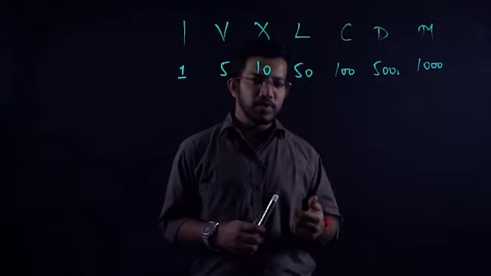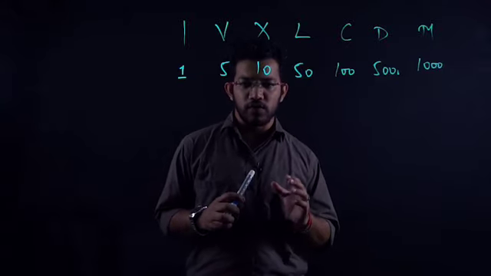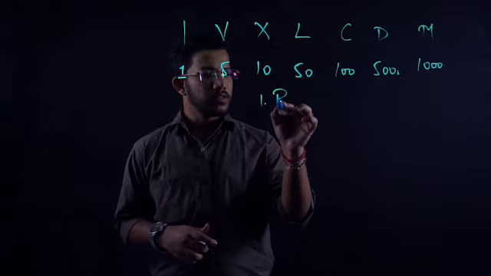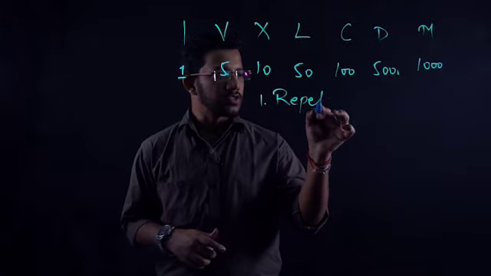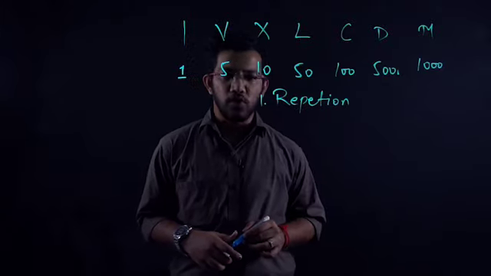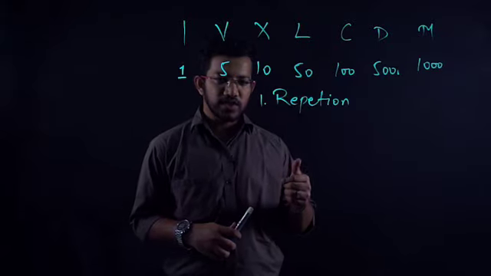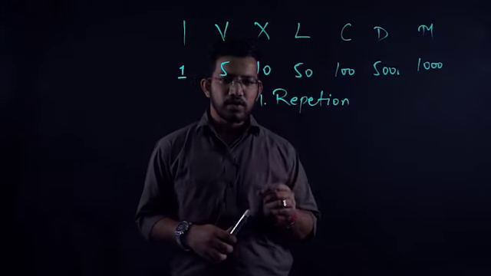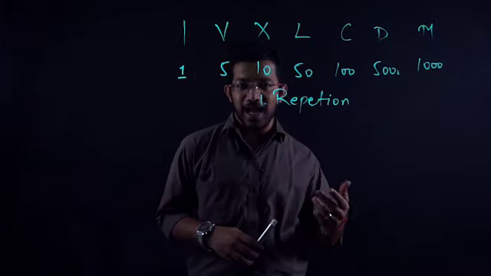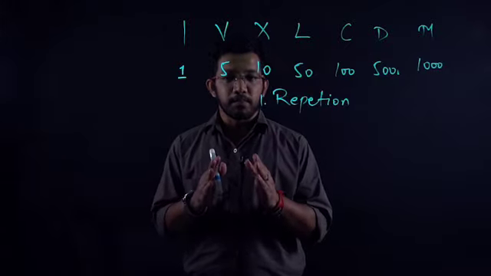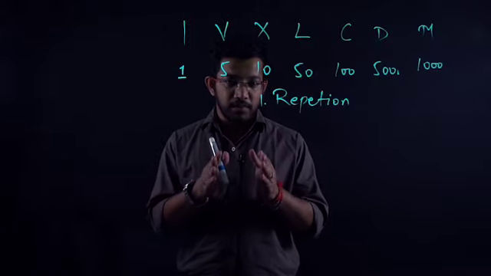While writing Roman numerals, there are 3 rules which we should always remember. Point number 1, rule of repetition. In the rule of repetition, there are 2-3 things which we should always remember. First thing, a number when repeated twice or thrice gets added that many times.